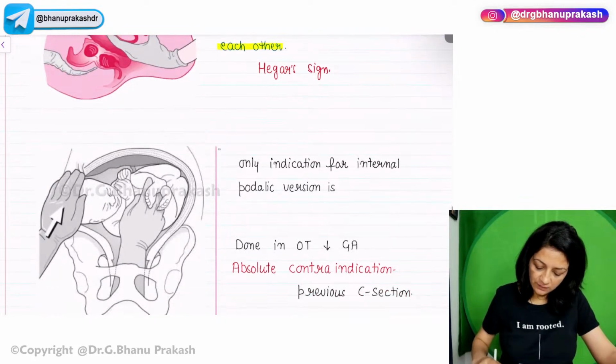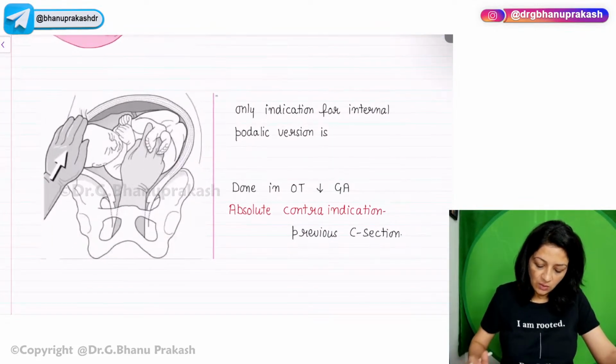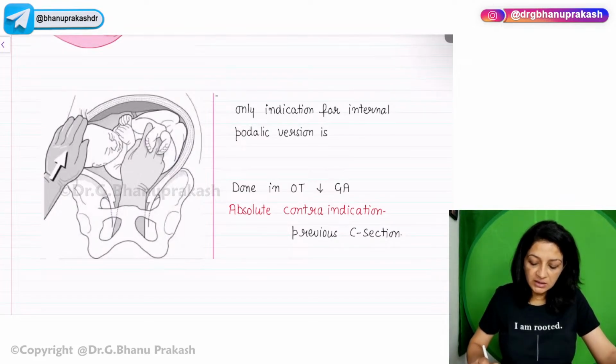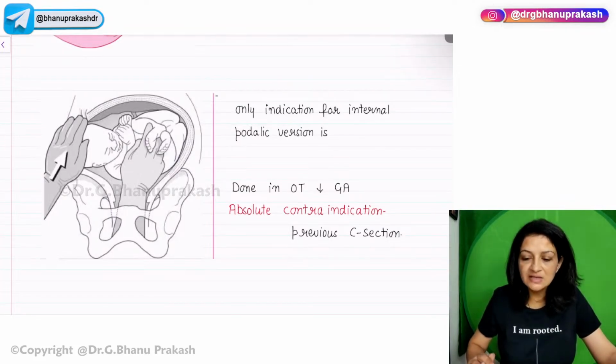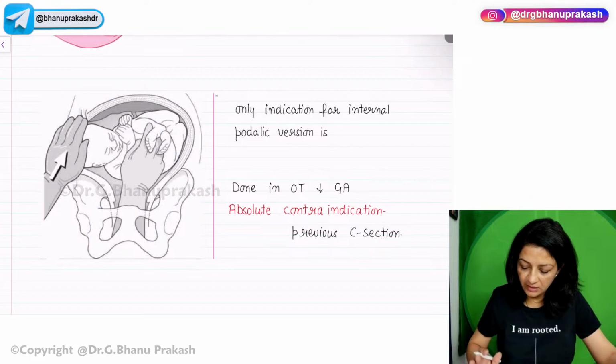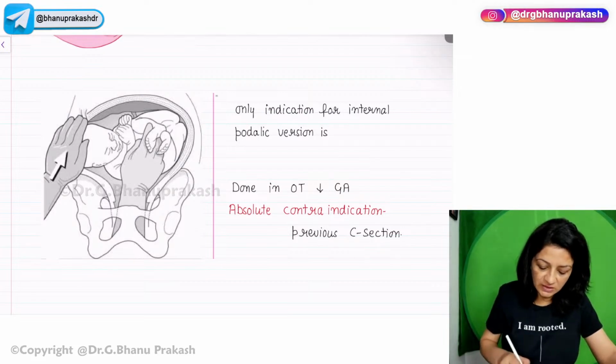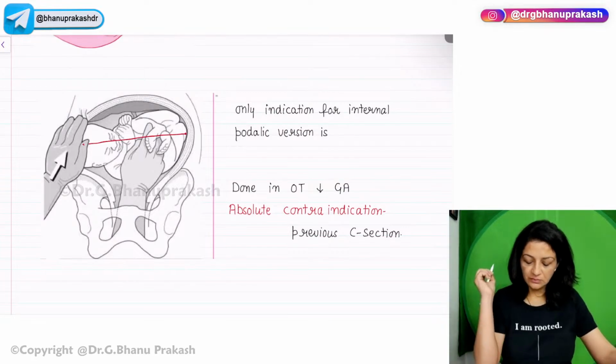Okay. So next one is only indication for internal podalic version is. कौन सी कंडीशन है? Only indication for internal podalic version. Done in OT under general anesthesia, absolutely contraindicated in previous cesarean section. So only indication for internal podalic version is this one is the transverse lie of the fetus, not cephalic.